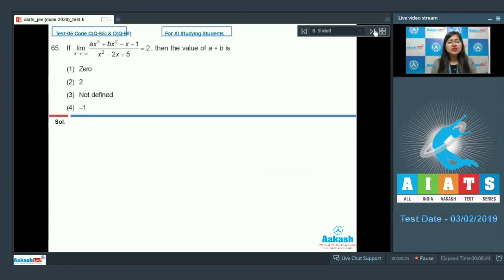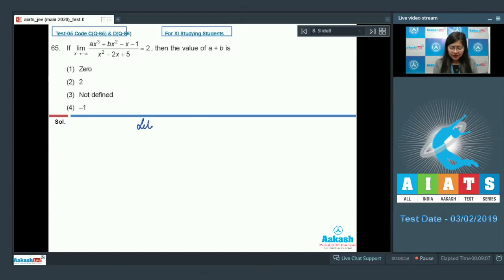Next is question number 65, which says that if limit of x tending to minus infinity ax cube plus bx square minus x minus 1 upon x square minus 2x plus 5 is equal to 2, then the value of a plus b is. Now here in the given question, x is tending to minus infinity, which is a little bit complicated.